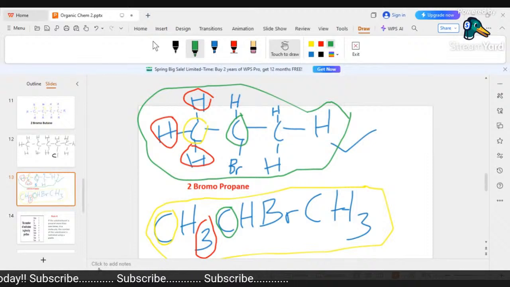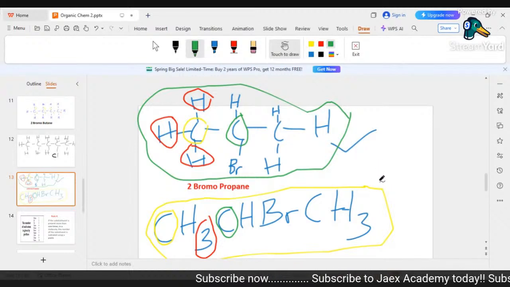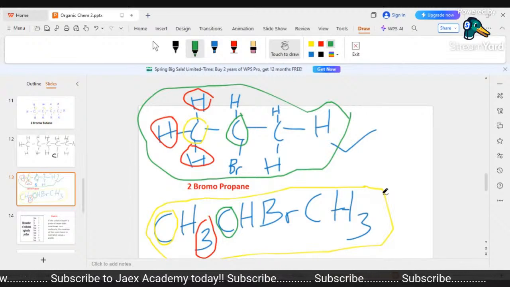So let's continue to explain. So we are saying that this is a molecular formula. Sorry, and this is the compressed formula. Can we take one more example? You guys should give me the compressed formula.